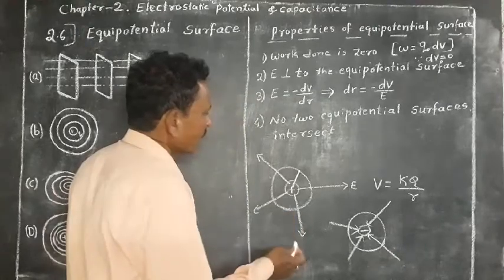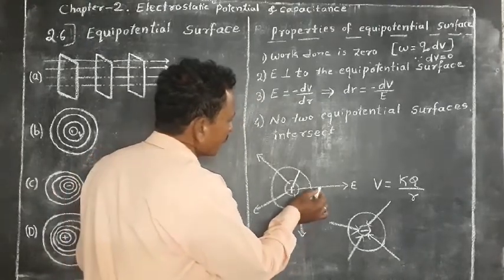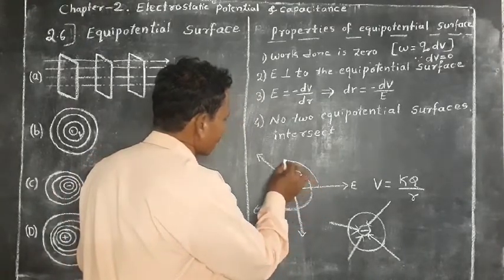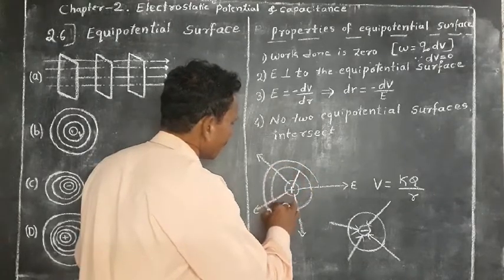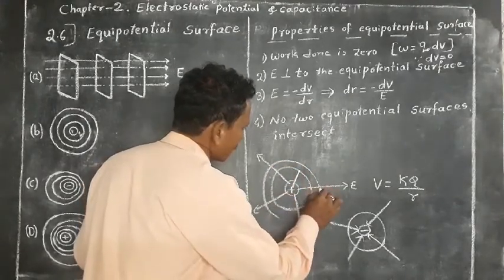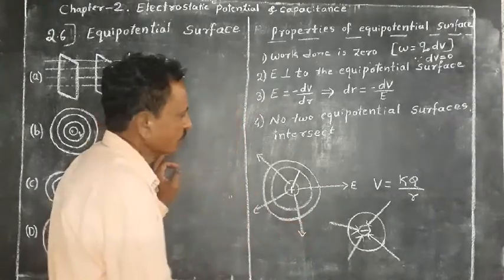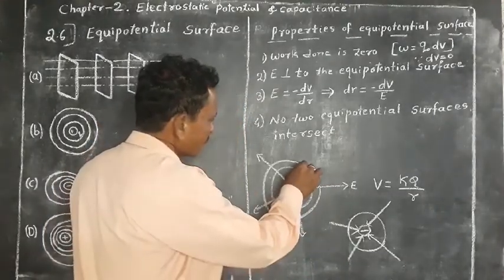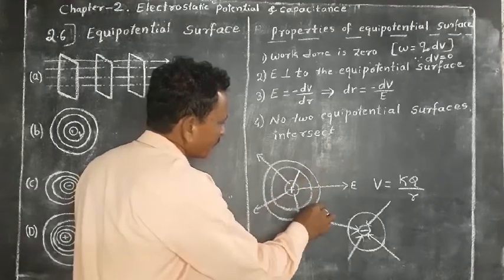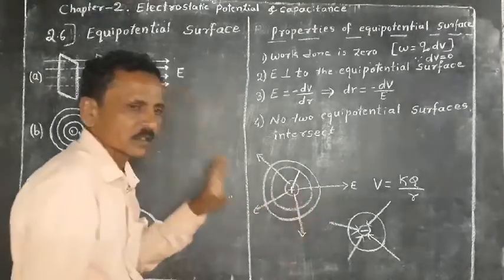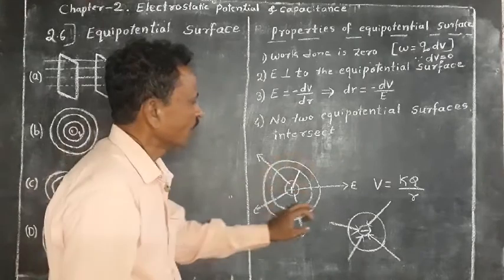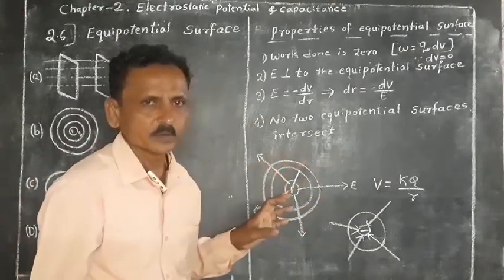And we can draw any number of such surfaces taking the charge at the center. Therefore, the distance from all points on this surface to the center remains the same. Therefore, this is also an equipotential surface.